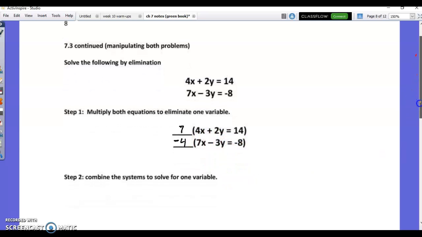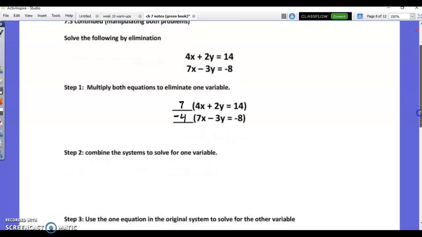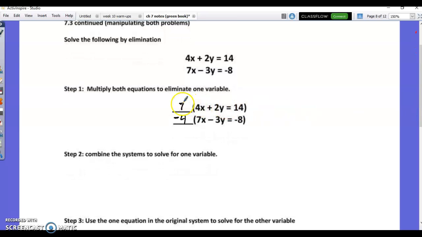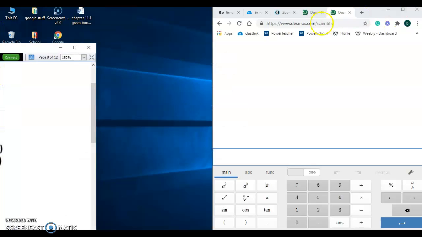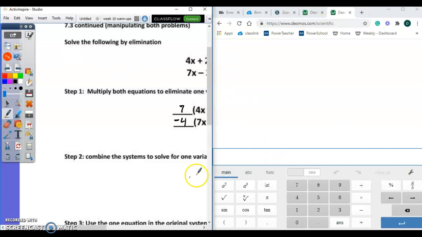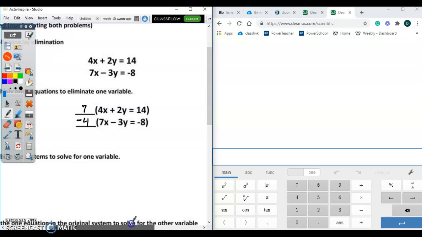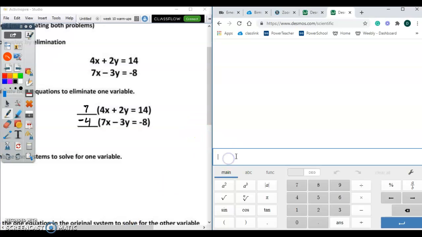So the first thing is determining what we're going to multiply them by. Now I'm going to take this 7 times each one of these. And again, I want you guys to be comfortable using a calculator just to make sure. Double check everything, right? 7 times 4. How hard is it to put it in a calculator? 7 times 4. If you're not sure, 28.